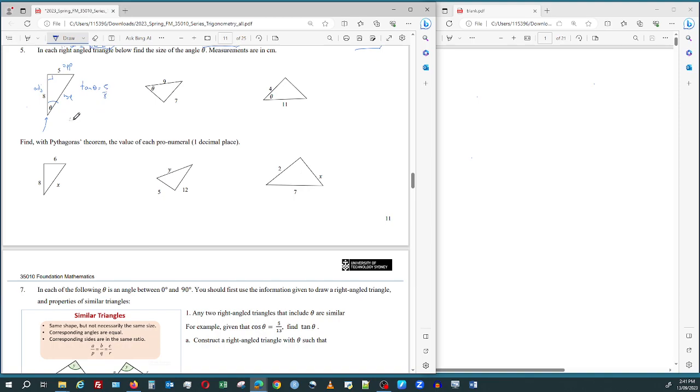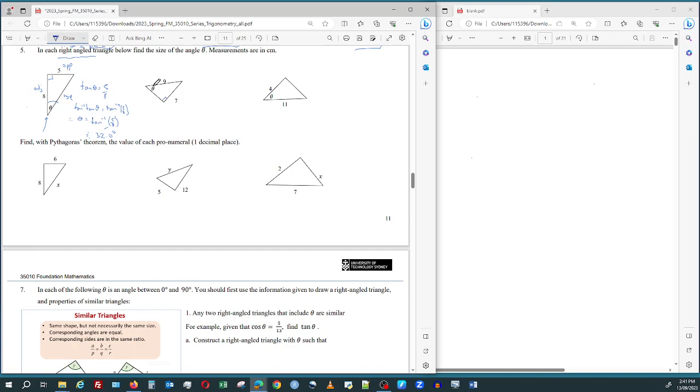Therefore theta will be equal to, taking tan to the minus 1 of both sides, arctan, or tan to the minus 1, or inverse tan of 5 over 8. We put that through our calculator and it approximates to 32 degrees.